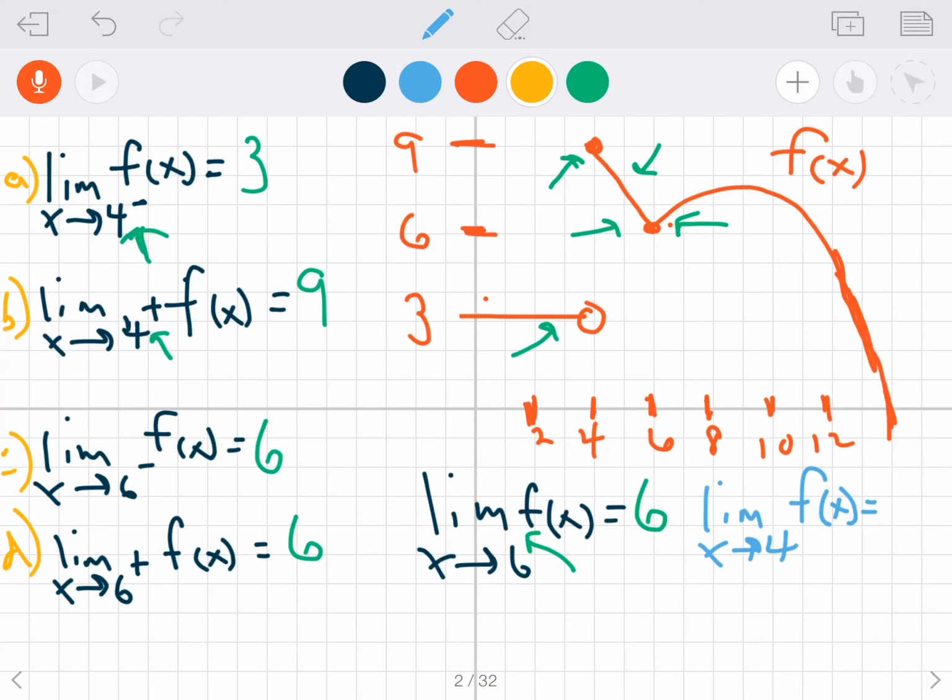So look at A, 4 from the left. What is it? It is 3. What about 4 from the right? And we have this plus sign. It is 9. So therefore, that means that the limit as x approaches 4 from the left and the right does not exist.